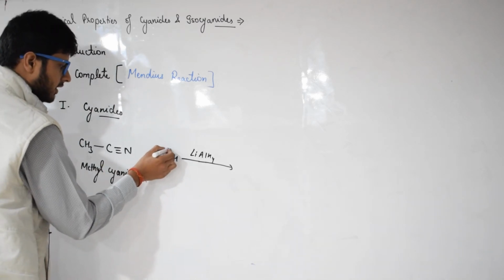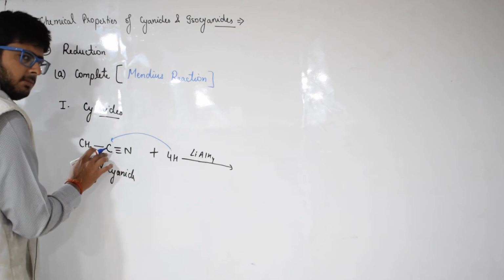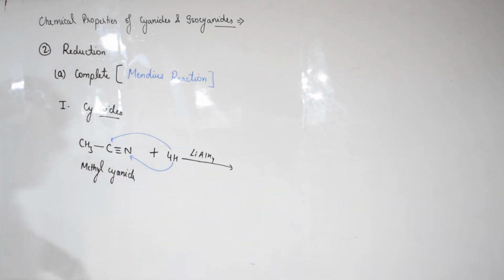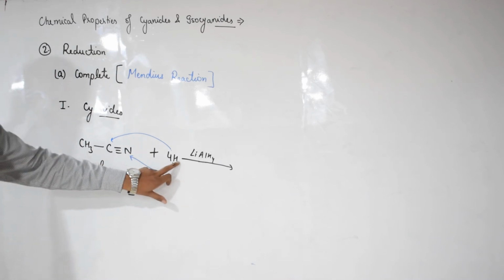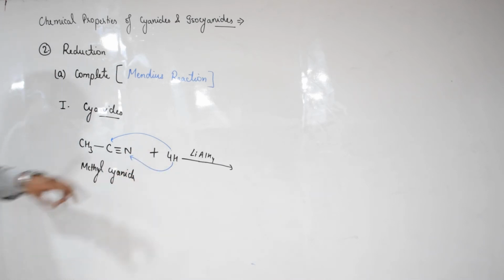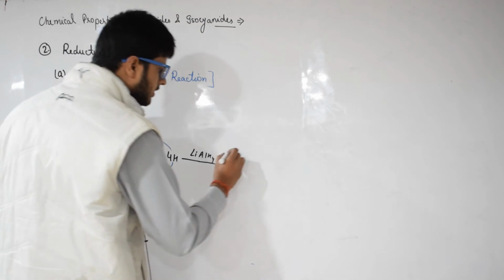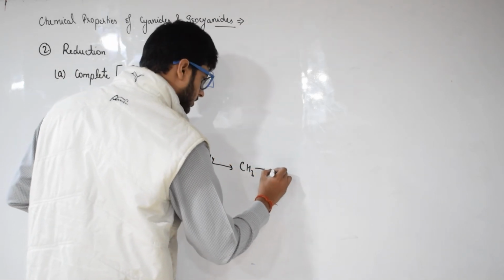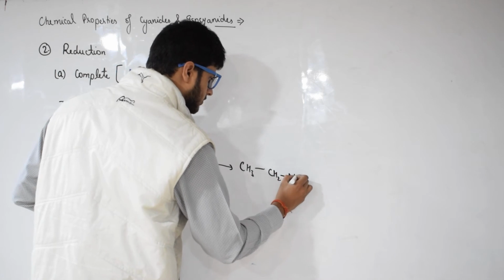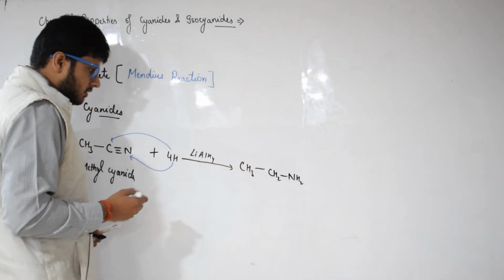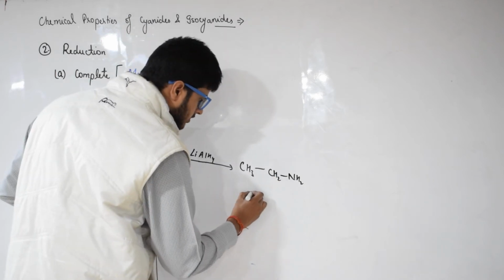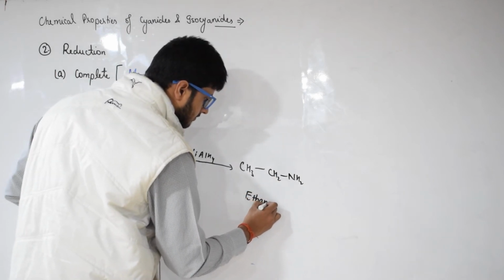Of these 4 hydrogen atoms, 2 are attached to this carbon atom and 2 are attached to this nitrogen atom. So, what will happen? It will form CH3CH2NH2. This structure is formed, and since we have 2 carbon atoms over here, it is called ethanamine.